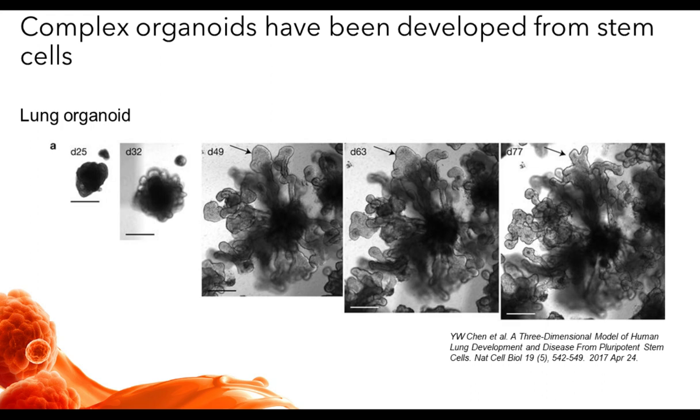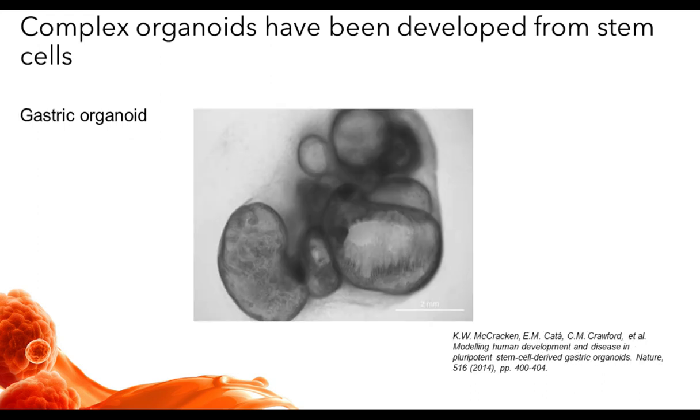In fact, they used this as a disease model by which they could look at infections, for example, with respiratory syncytial virus. Growing the cells into a lung organoid enabled them to develop a disease model and start to look at how viral infection of lung tissue proceeds.